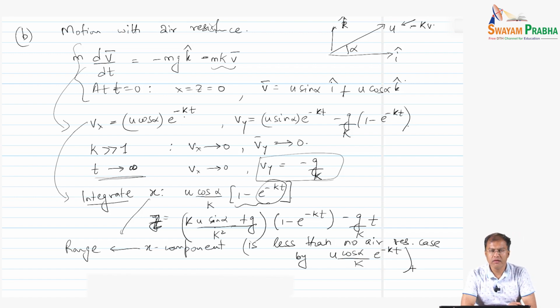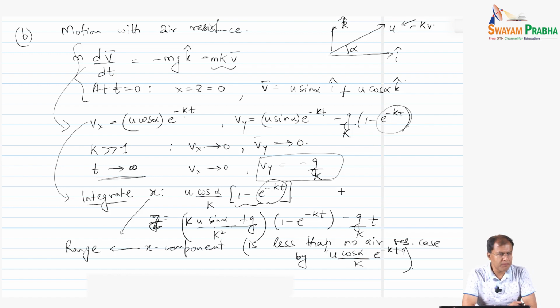So the range is less by an amount which is this u cos alpha by k e to the power minus kt. Okay, and we expect this to be the case, that due to air resistance the range will be less, the particle is going to travel less distance, and of course the speed also comes out to be lower by this factor e to the power minus kt.